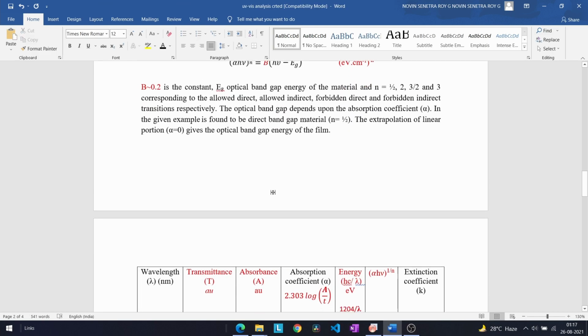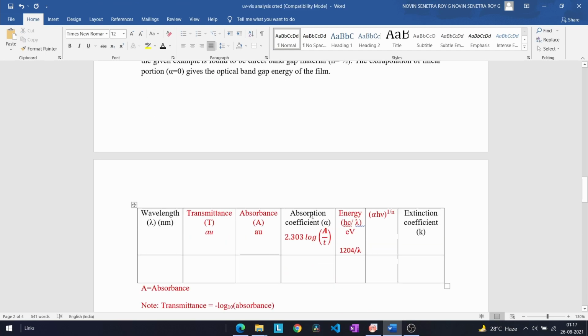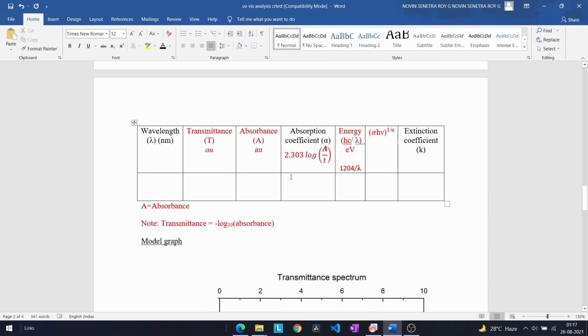So using this relation, you can actually find the band gap. I have made certain changes here also, as you can see on the red side. These can be used in the normal table; if you have done that, it's not an issue, but it's very easy to go over this.